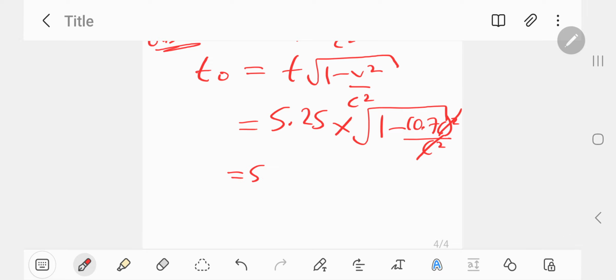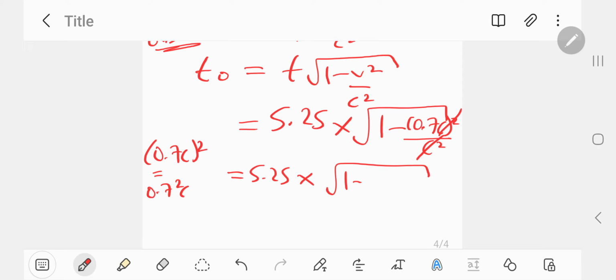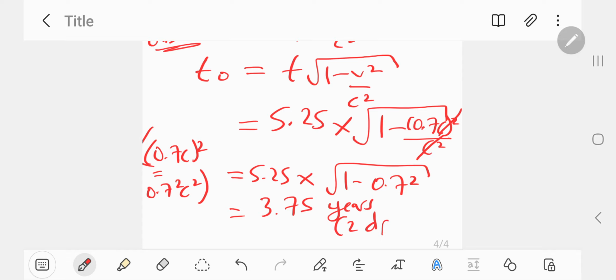I'll show you why in a sec. Because all of this squared is just 0.7 squared times c squared, basic maths. So you're left with this result here. Punching this into your calculator, you'll get 3.75 years. I'll put 2 decimal places.